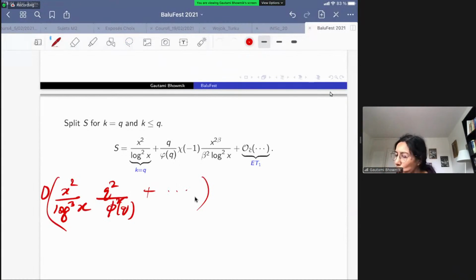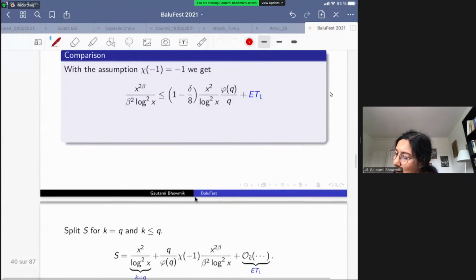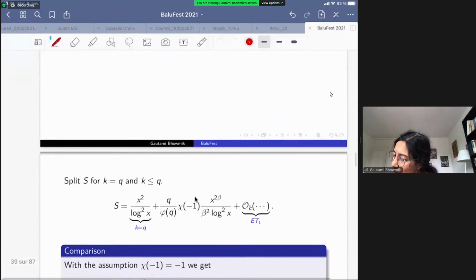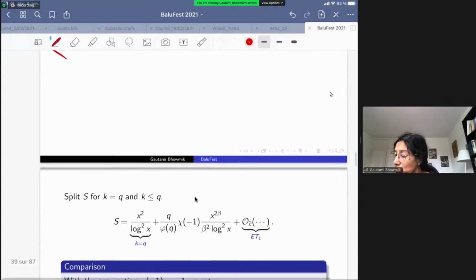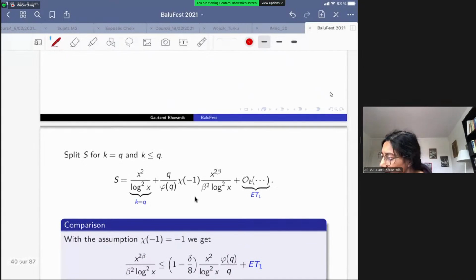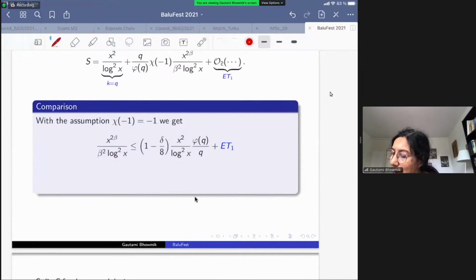So you have to choose now. So now you choose your x carefully. One part of this choice comes from your assumption, the WHLE, and another is to make sure that none of the results that we are using are contradicted. So when you now remember that we had this condition that chi of minus 1 was equal to -1.